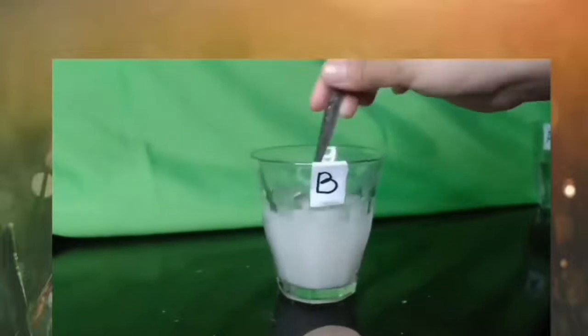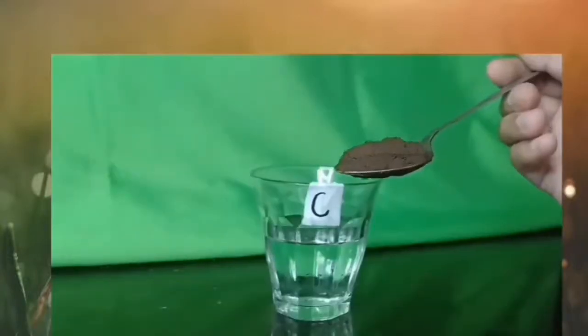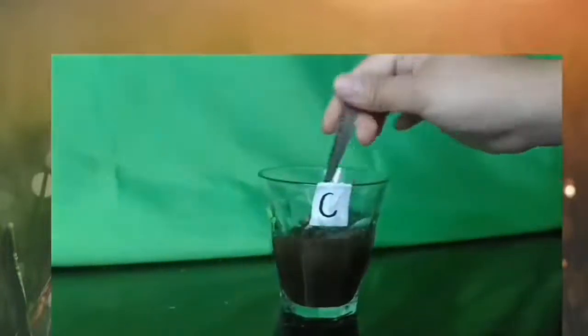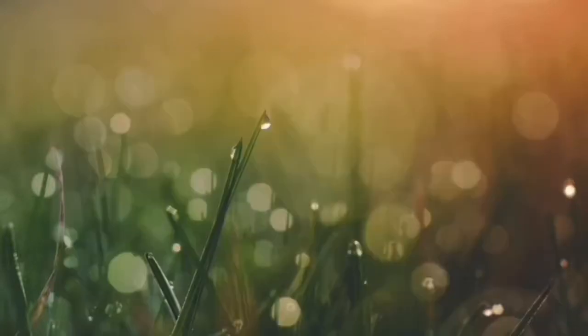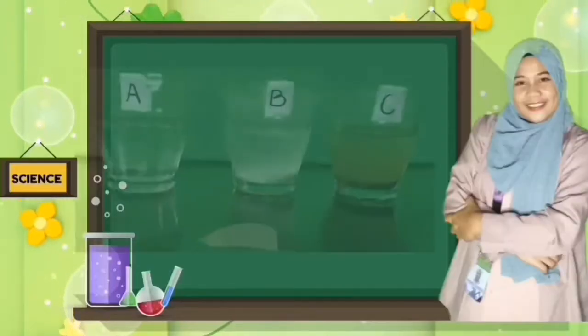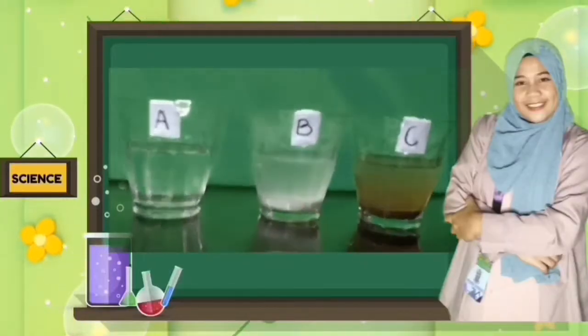Sa glass B, ilagay na natin yung flour at haluin ito ng 3 to 5 minutes. Sa glass C, ilagay na natin yung sandy soil at haluin din ito ng maayos. Here is the result of our mixtures.